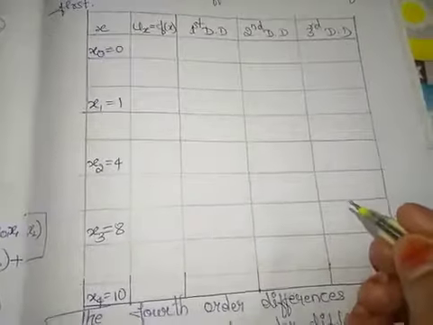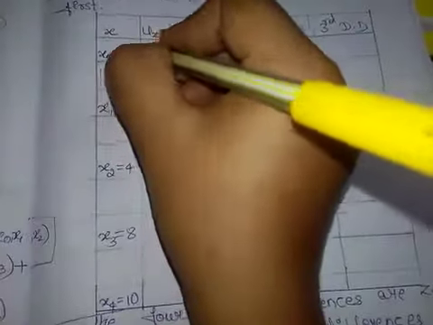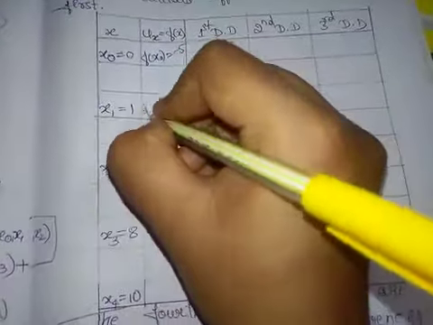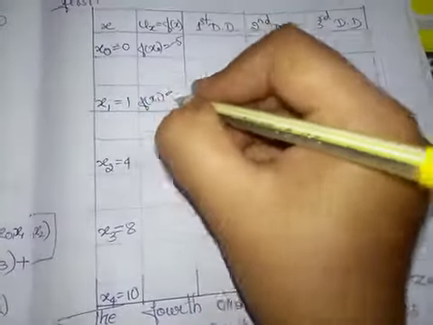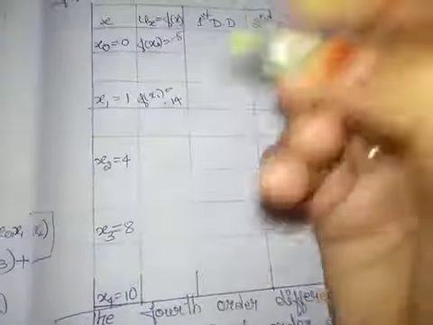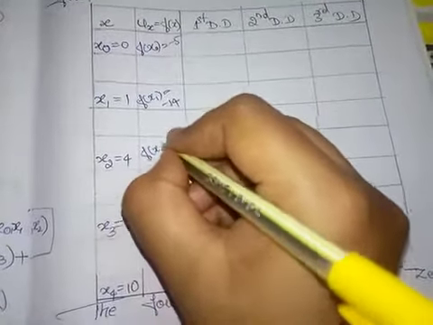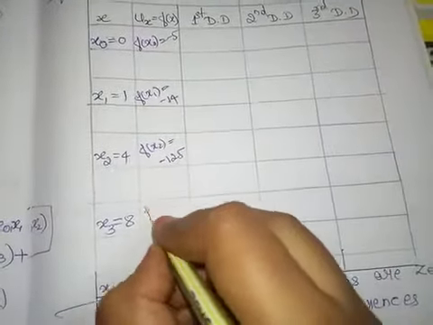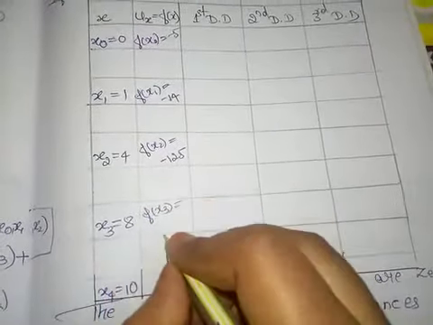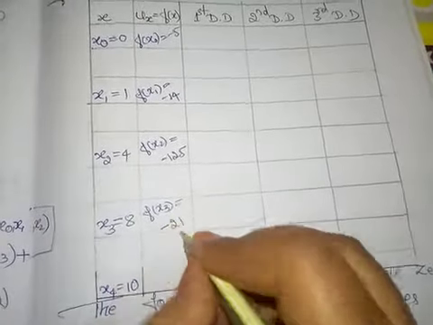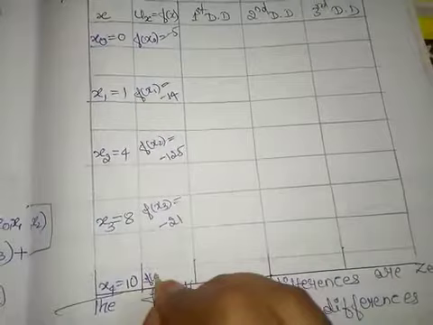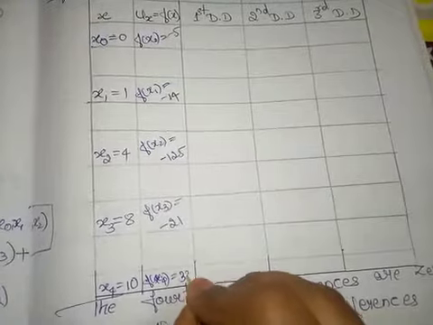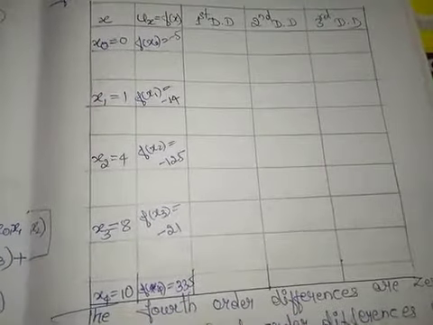Next, the corresponding functional values are f of x0 is equal to minus 5, f of x1 is equal to minus 14, f of x2 is equal to minus 125, f of x3 is equal to minus 21, and f of x4 is equal to 335.